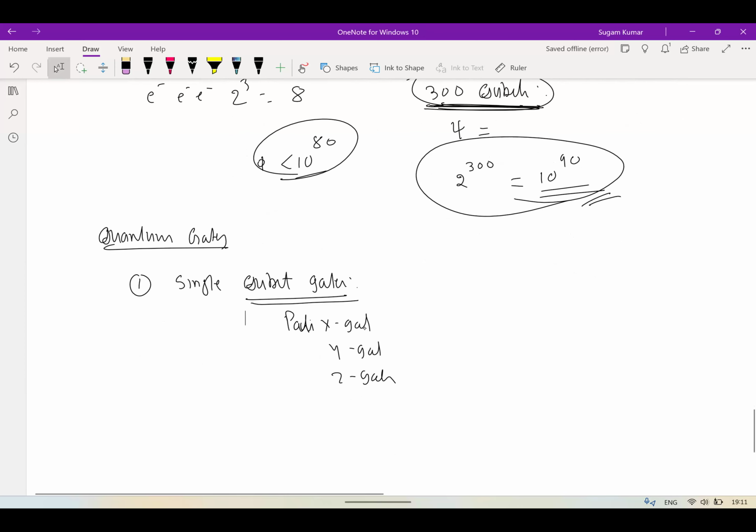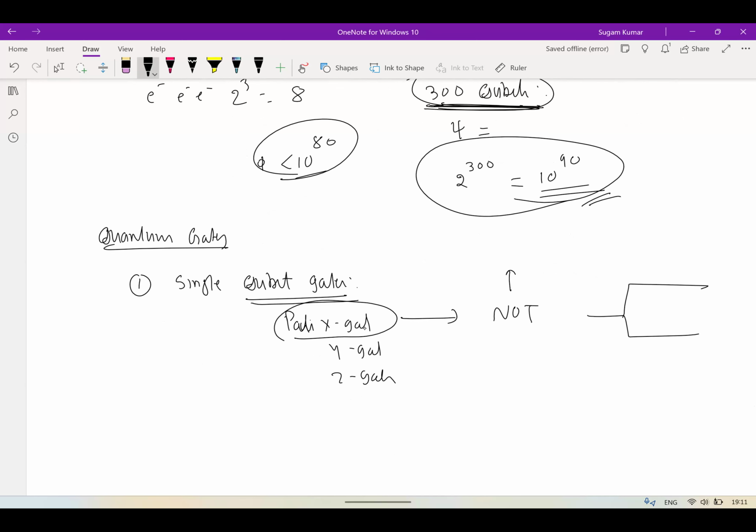For example, the Pauli X gate is similar to a classical NOT gate. A classical NOT gate converts 0 to 1. Similarly here, when the electron has a spin in, let us say, the ground state, and I apply a Pauli X gate on 0, it is going to make it 1.